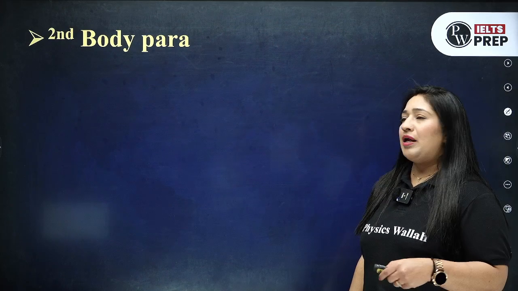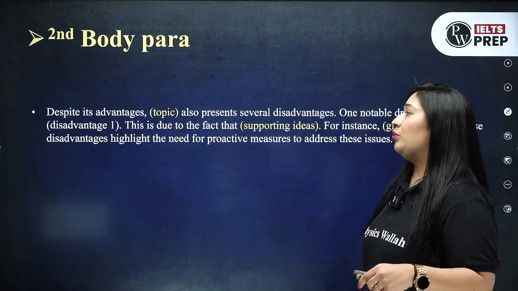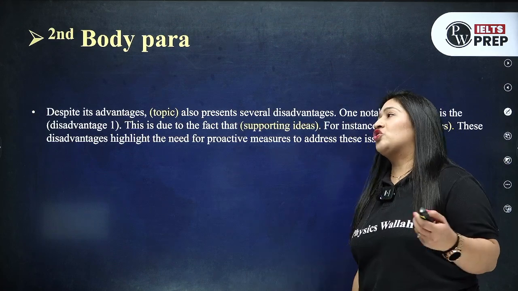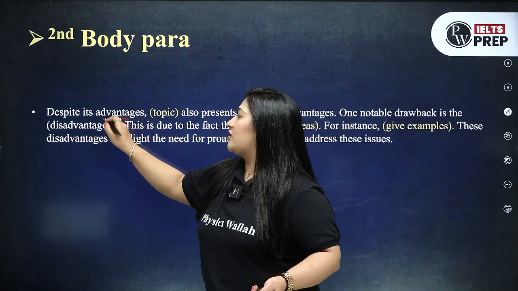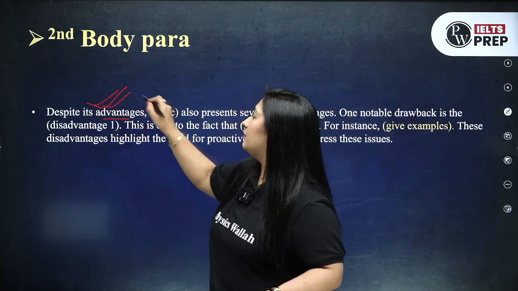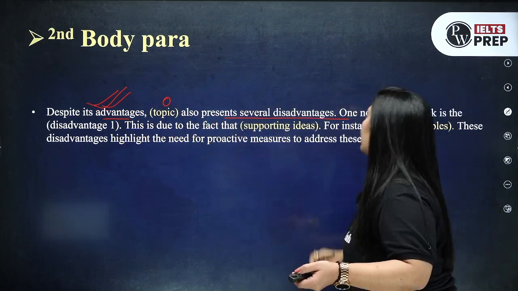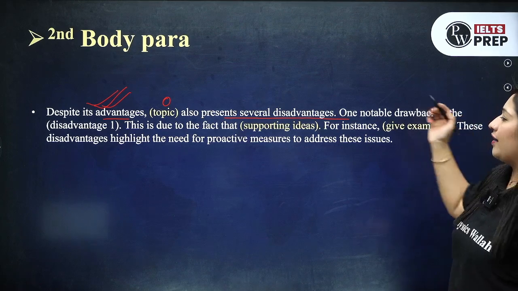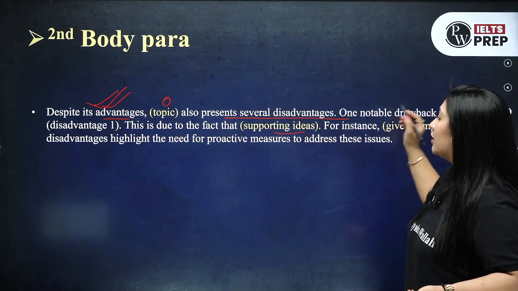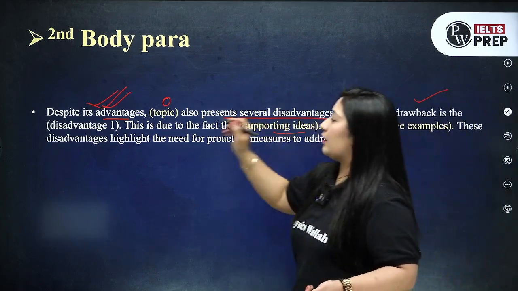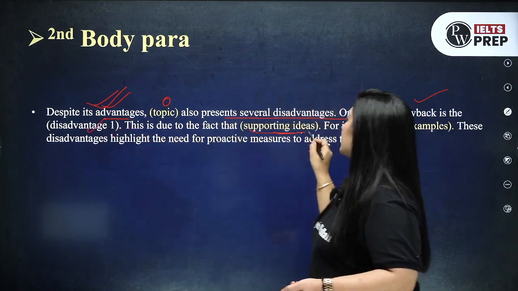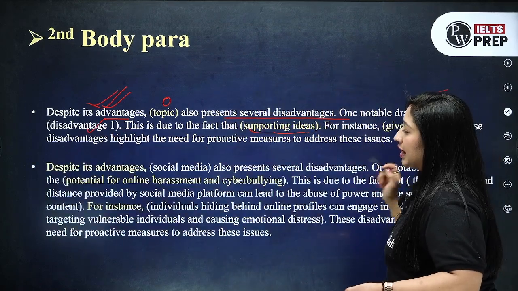Now the second body paragraph, of course, you have to write the disadvantage. So here, despite its advantages, this topic also has some disadvantages. Which topic? Social media. Okay. I will explain one notable drawback with a supporting idea. So in the second paragraph, my first disadvantage will go with supporting ideas with examples. So let's see that.